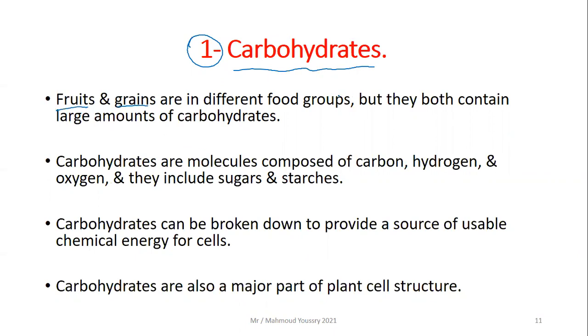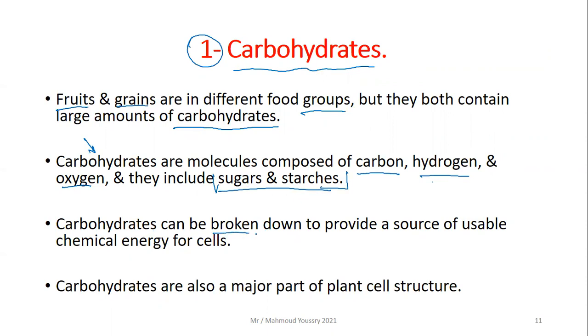Fruits and grains are in different food groups, but they both contain large amounts of carbohydrates. So what are carbohydrates? They are molecules composed of carbon, hydrogen, and oxygen, and they include sugars and starches.